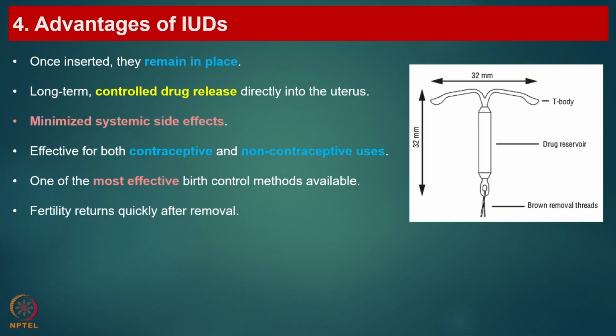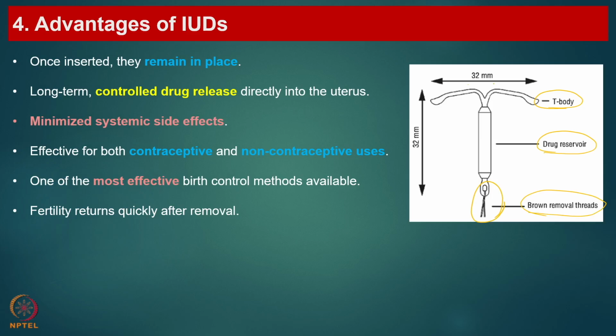Now, we will see the advantages of intrauterine drug delivery systems. Here you can see in the picture, as I am discussing, this is the T body of the intrauterine device, this is the drug reservoir, and this is the thread, which comes in different colors, ideally available in brown.